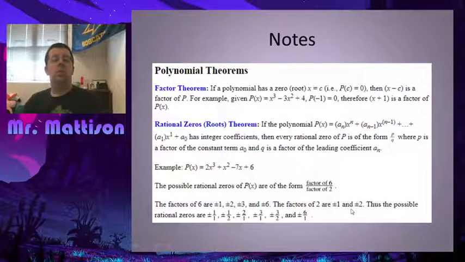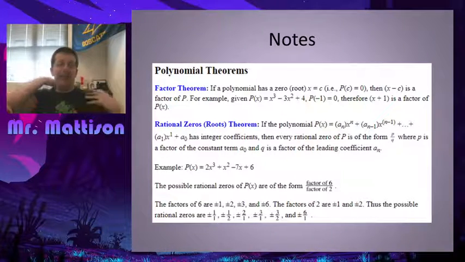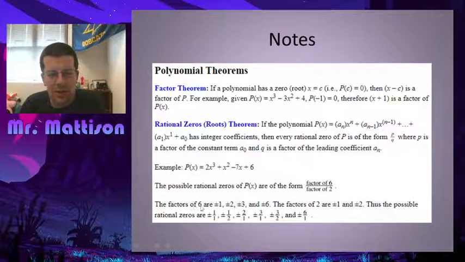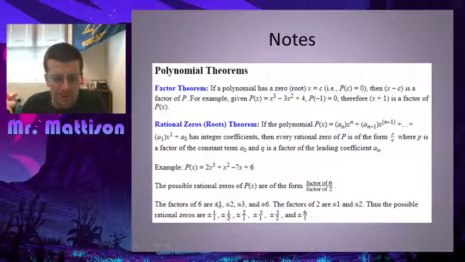Okay. So what I need to do now is find every single possible combination of the top values and the bottom values. So I could have 1 over 1, or 1 over 2, or 2 over 1, or 2 over 2, or 3 over 1, or 3 over 2, or 6 over 1, or 6 over 2, right?